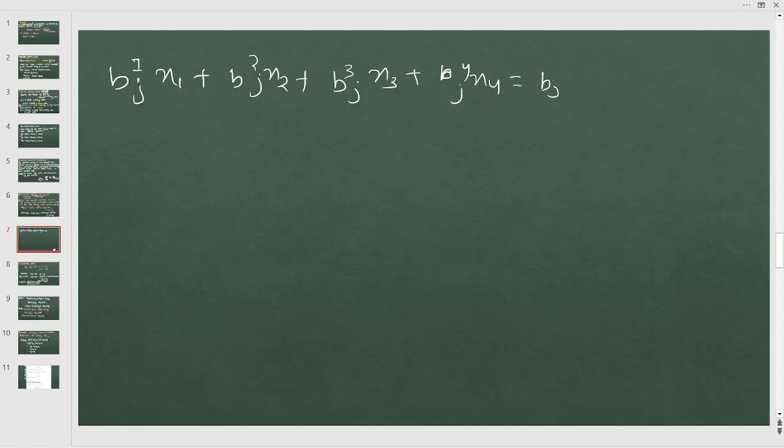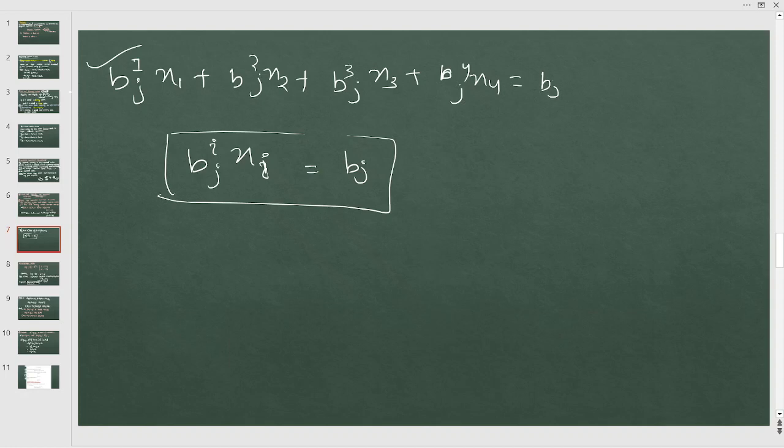In order to find this, how can I write it in summation? I can write it like this: bij xi is equal to vj, isn't it? i is changing 1, 2, 3, 4, and similarly x has the subscript 1, 2, 3, 4, so I can write i in place of this changing index.